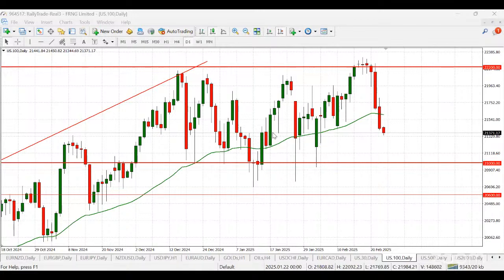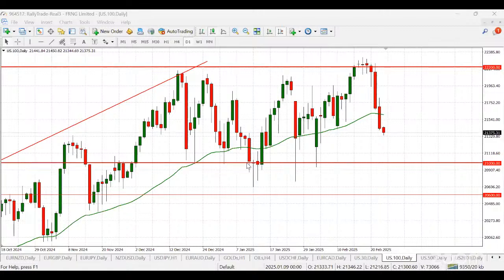500, currently very similar. And then for US 100 too, we have this move between resistance at 22,200 and support at 21,000.